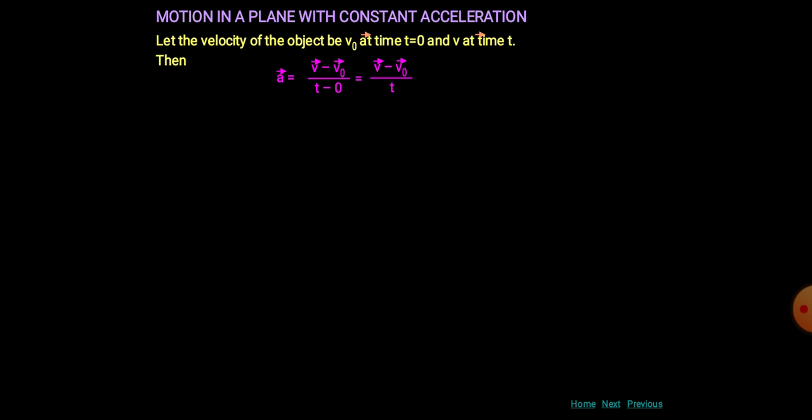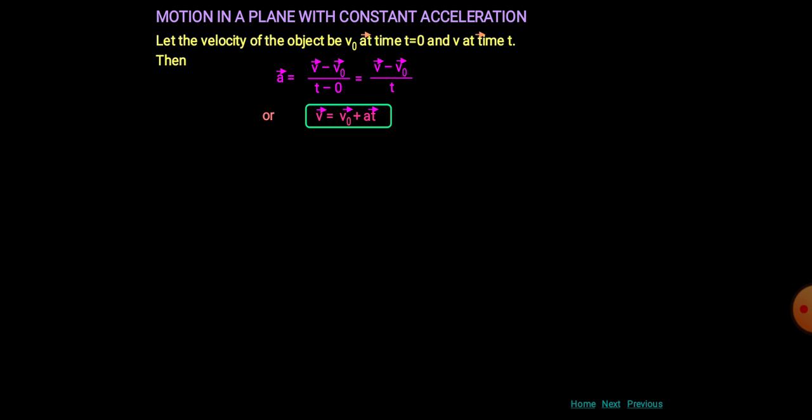So you know the formula of acceleration, that is change in velocity divided by change in time. The final velocity minus initial velocity, that is v minus v0, divided by t minus 0. We can write the equation for acceleration as v minus v0 upon t.